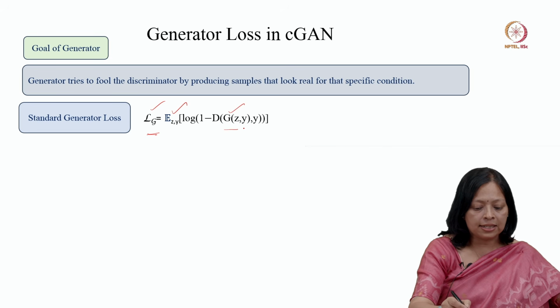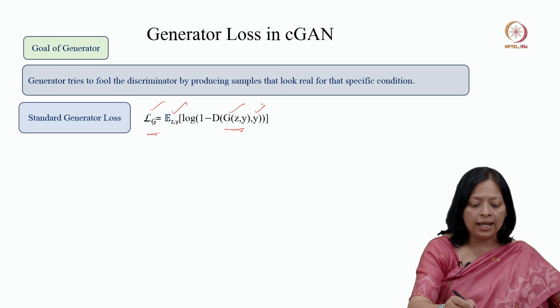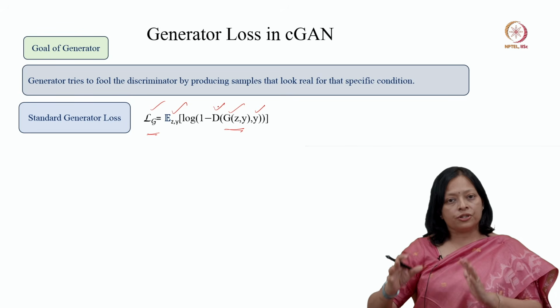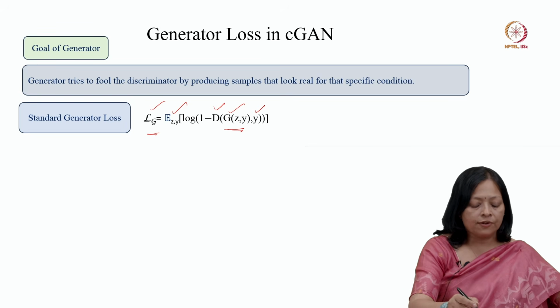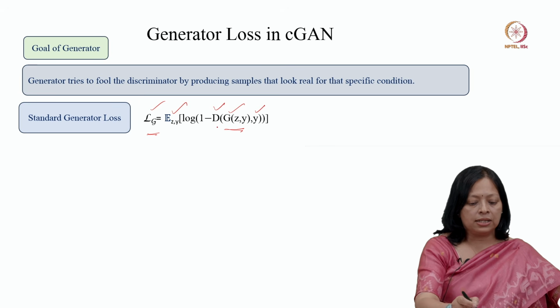Once again, this is the generated image conditioned on y. This D gives the discriminator's score, a probability score given by D of this entire thing, and then 1 minus this one.